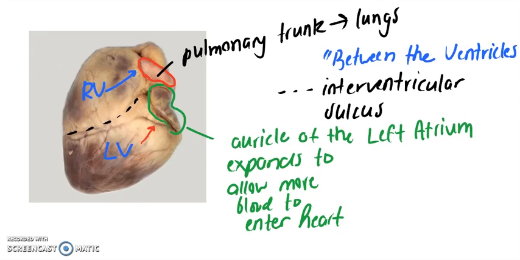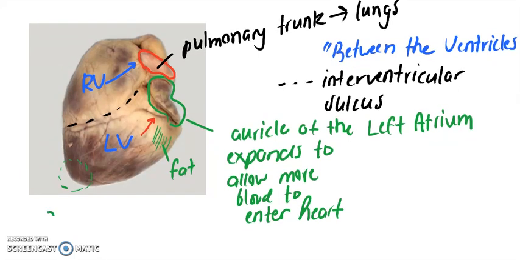All this white, lighter colored beige tissue is fat. Fat on the heart. And lastly, this bottom corner of the heart, as a labeling area, we call this the apex. I think that's all I wanted to mention for that.